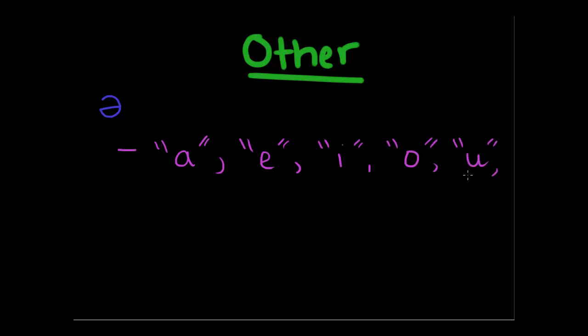Okay, schwa looks like this, and just like every other language, really, it can be spelled with an A, E, yep, you guessed it, I, O, it doesn't end at U, or, yes, a Y, sometimes.